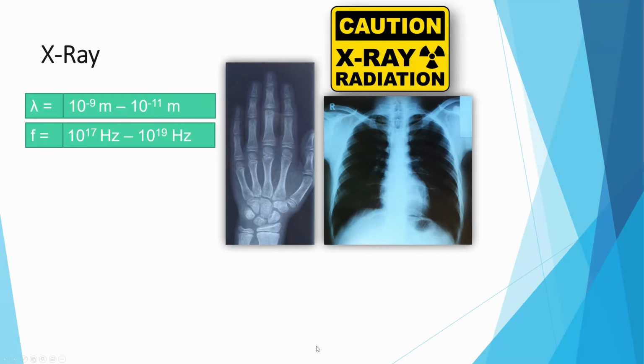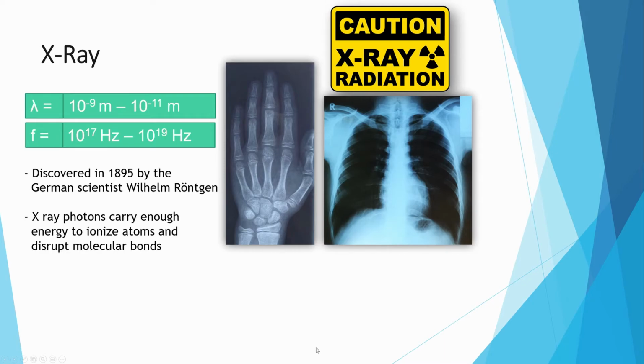X-rays were discovered in 1895 by the German scientist Röntgen, actually by mistake. He named the unknown ray, also known as Röntgen radiation, X-radiation, because of the at first not clarified emergence. The X-ray is the first electromagnetic radiation containing enough energy to ionize atoms and to disrupt molecular bonds.